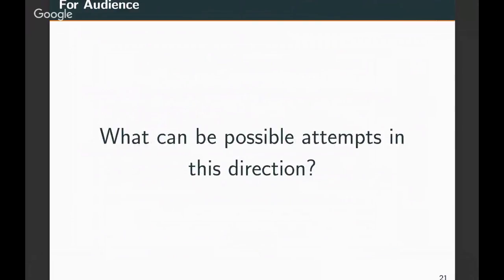I leave it to the audience to think about possible attempts in this direction. For me it's a really nice question, because at the moment people are running to quantize gravity, but it might be that there is some loophole at the very basic level, and if you fix that, maybe everything falls into place. So that's it.